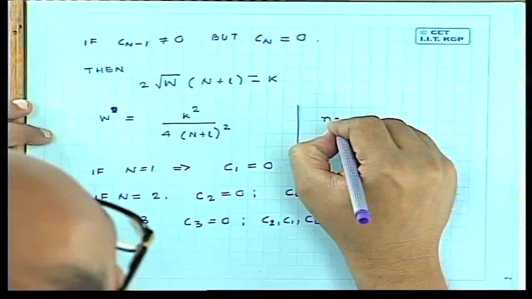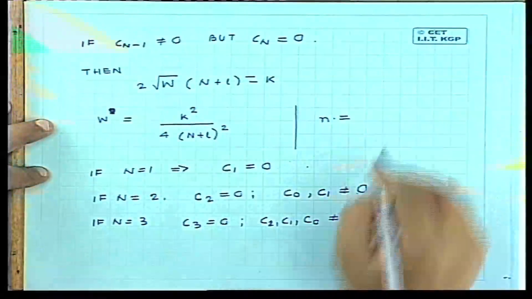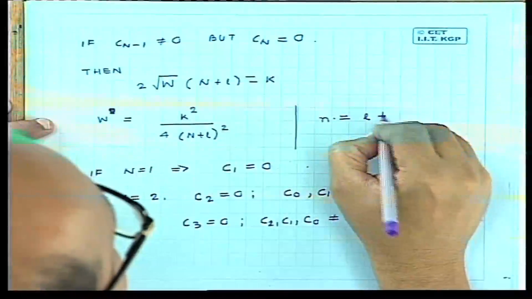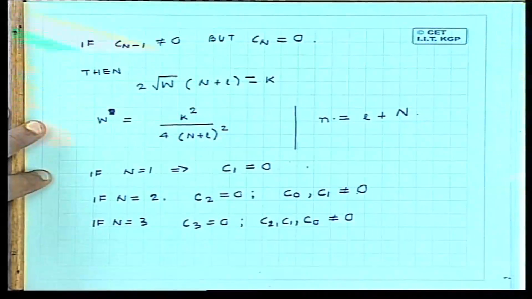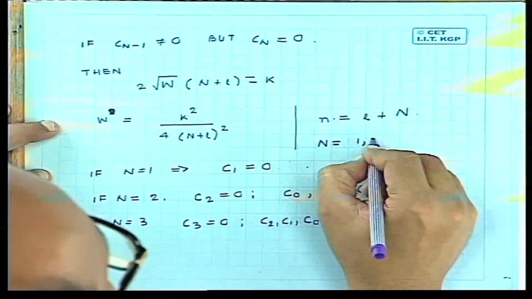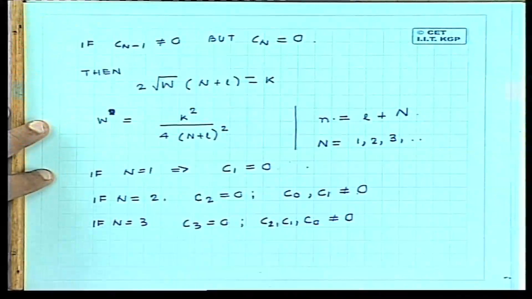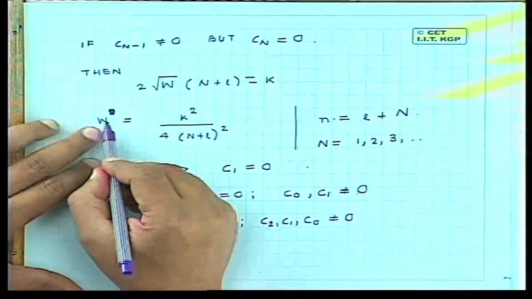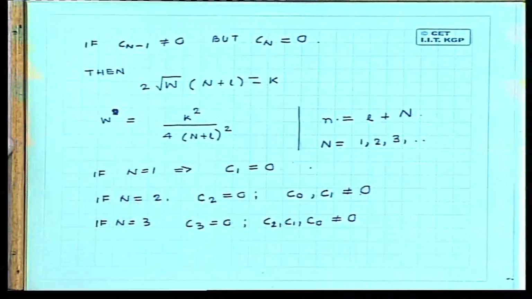So we define another number, small n, which is equal to L plus capital N, and n can take values 1, 2, 3, etc. So this we can now write as W is equal to k squared by 4 small n squared.